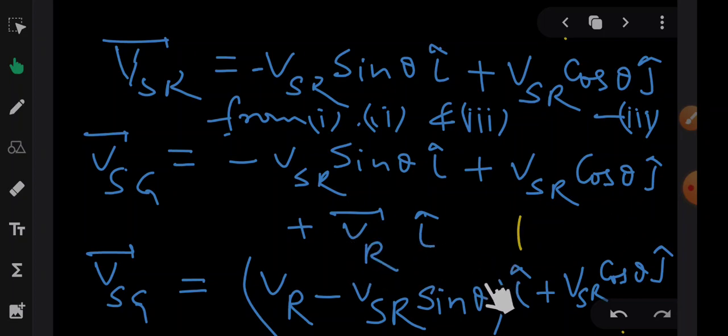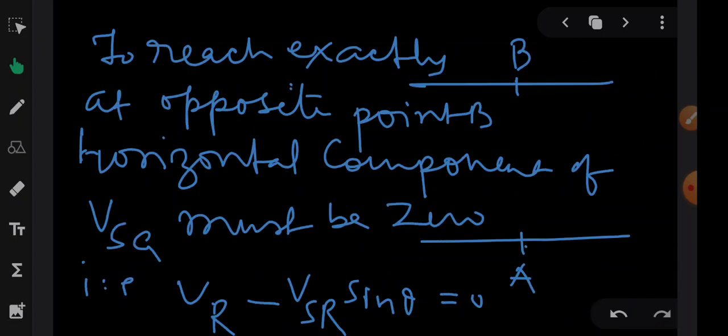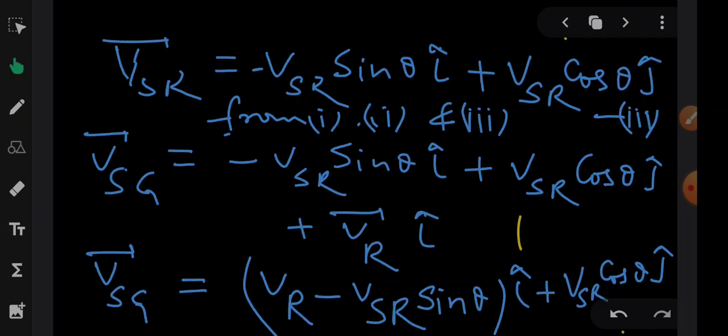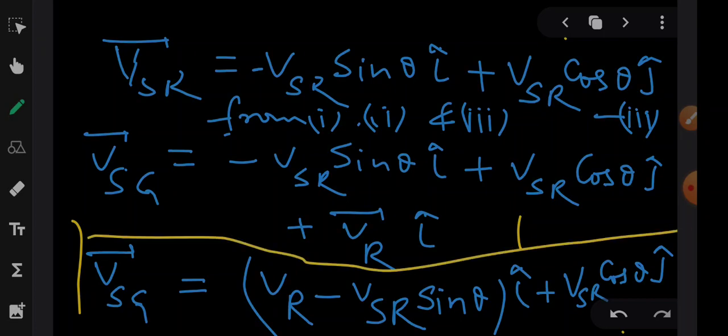Now writing the i components in one bracket and the j components, we get VSG as (VR minus VSR sin theta) i plus VSR cos theta j. So this is the velocity of swimmer with respect to ground.